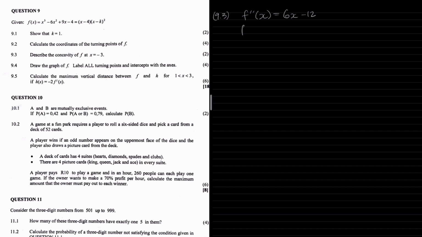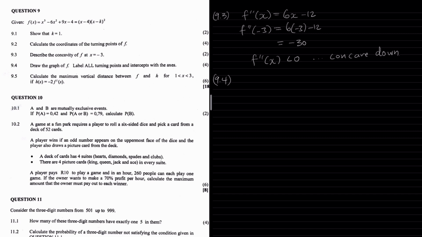And now they want to know at the point minus 3. So 6 times minus 3 minus 12, and that's minus 30. Since the double derivative is less than 0, we can say that it is concave down. If it was greater, it would be concave up.